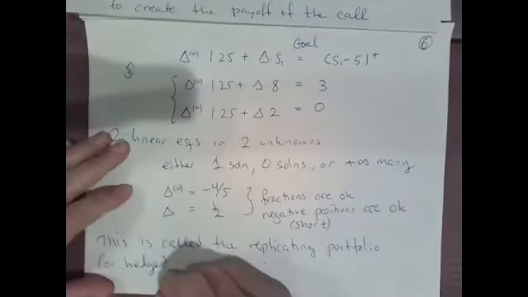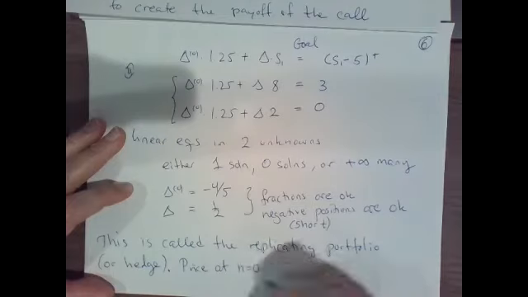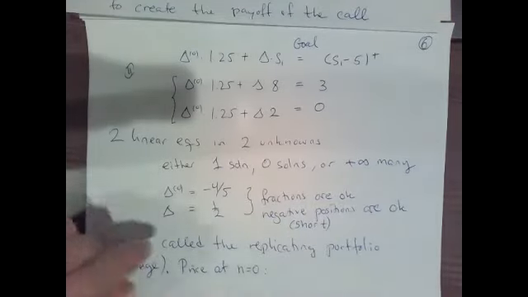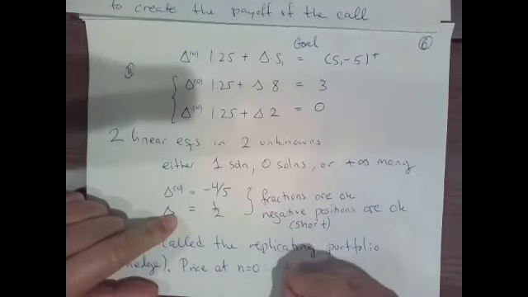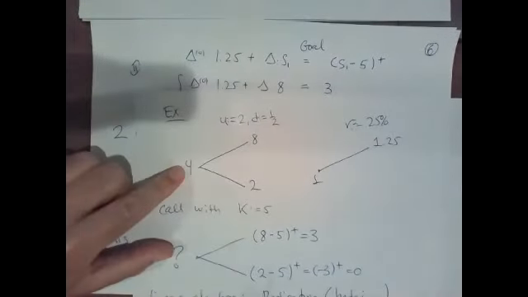So what is the price at time 0? What is the price of this thing? Well, I need to buy half a stock. What's the value of the stock? Well, the value of the stock is 4.